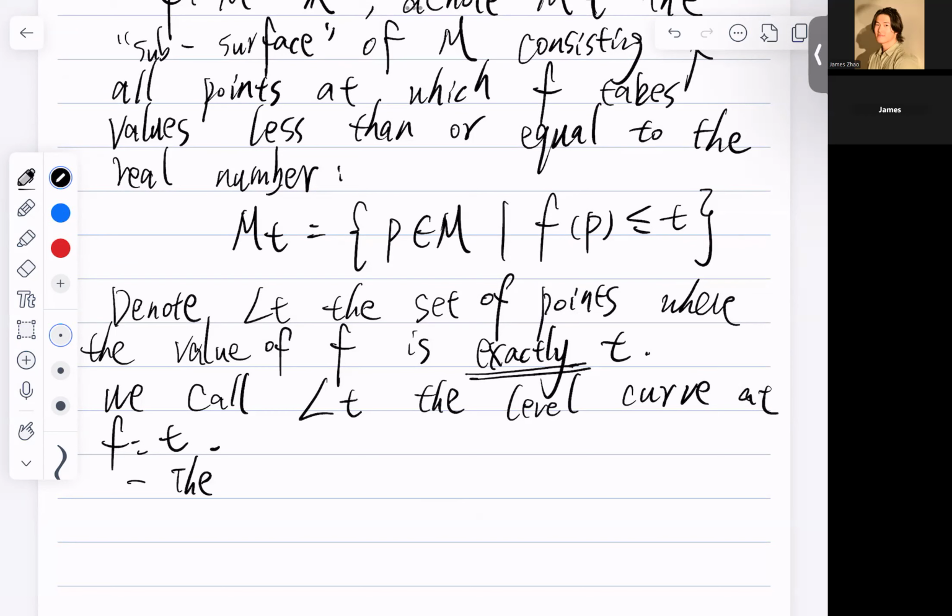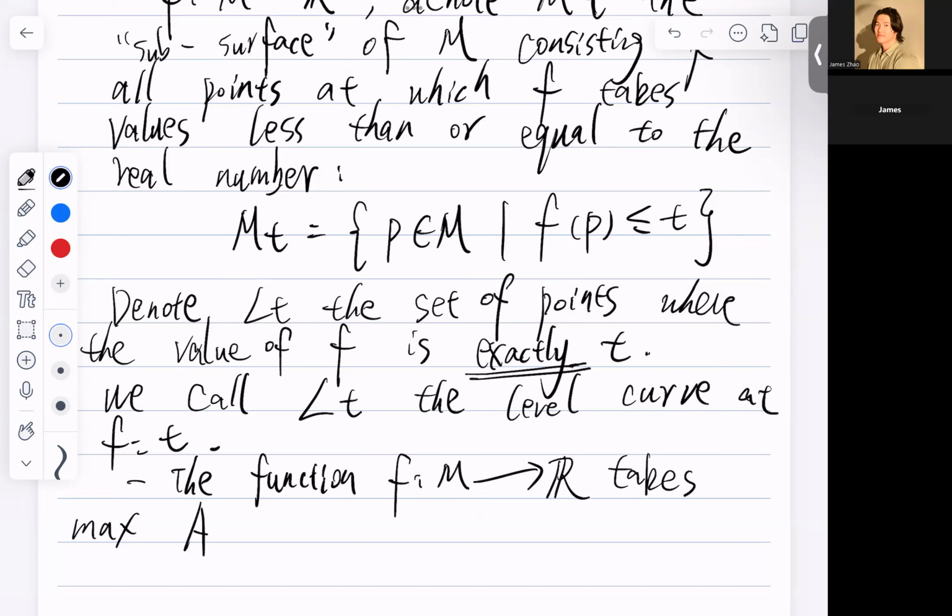And next, the function f that maps from M to R takes the maximum, capital A, and minimum, lowercase a. So we have a capitalized A and a lowercase a.